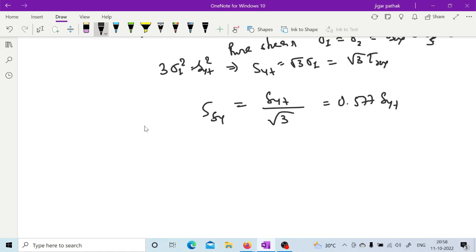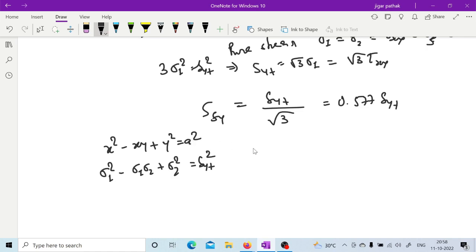So the region of safety here is given by that equation of ellipse, right? X square minus xy plus y square is equal to a square. This you can equate with sigma 1 square minus sigma 1 sigma 2 plus sigma 2 square is equal to SYT square.